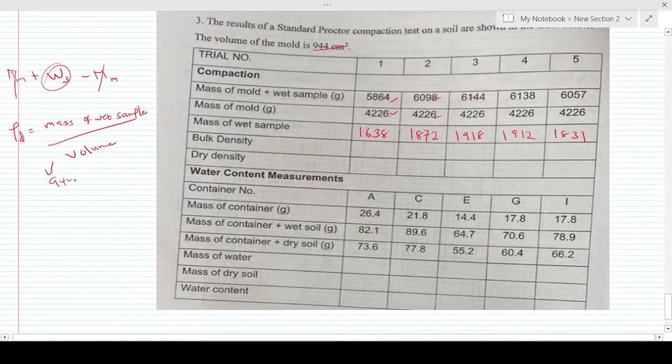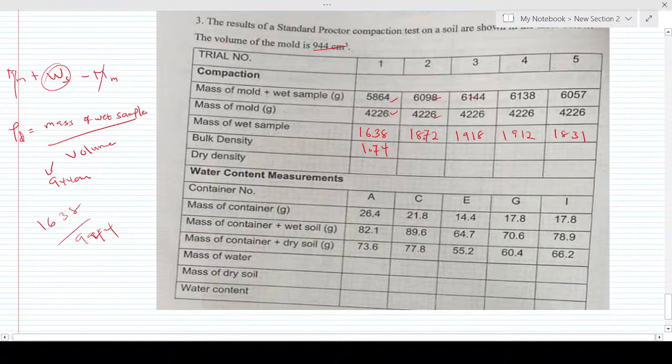So if I want to find my bulk density, I just divide the mass of wet sample over the volume. So for trial number 1, it is simply going to be 1638 over 944, and that's simply going to be 1.74.